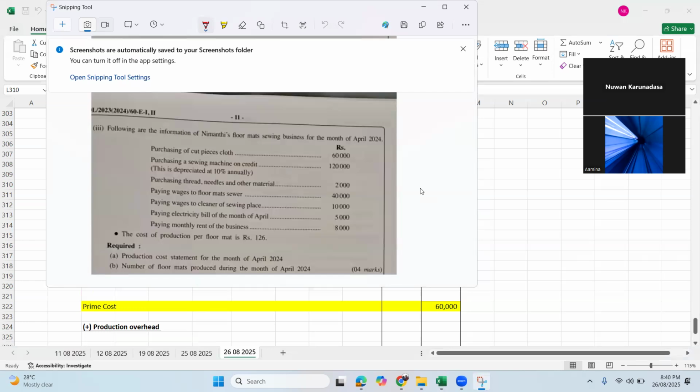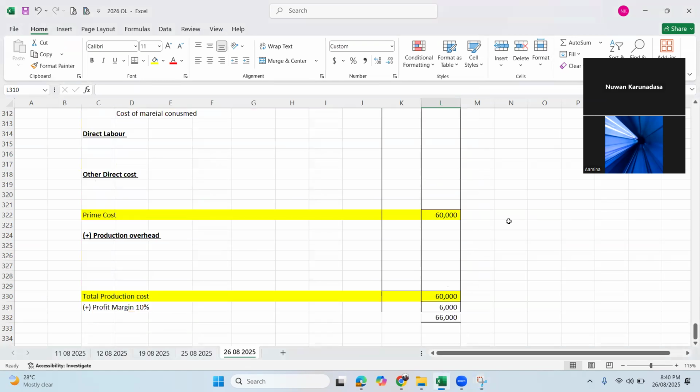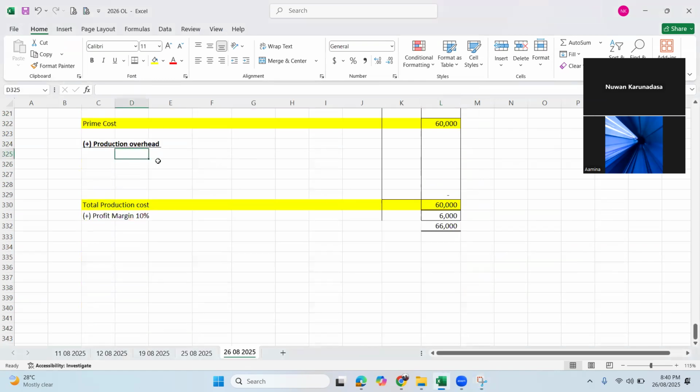This is depreciated at 10% annually. Now see, they have purchased a machine on credit, so they're asking you to calculate the depreciation. 10% annually. So for a month, you have to divide that by 12, right? So that is the production overhead machine depreciation.